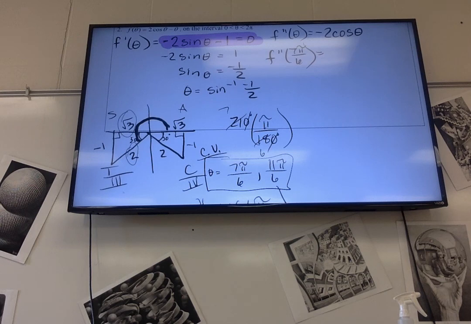So it's a negative times a positive, so this is negative. Just kidding. Hold on. Wait, cosine is negative in the third quadrant, so it's going to be positive. So negative times negative is positive.